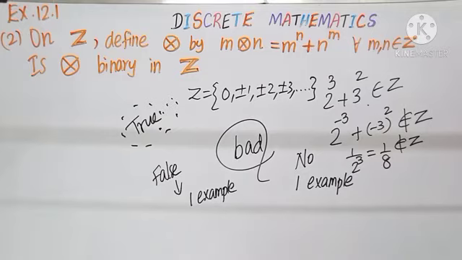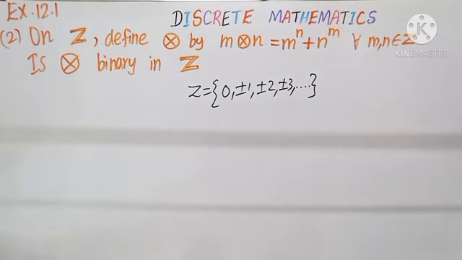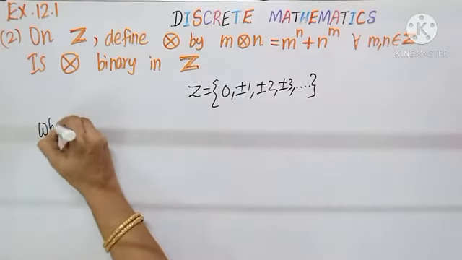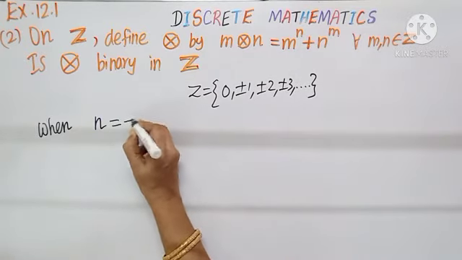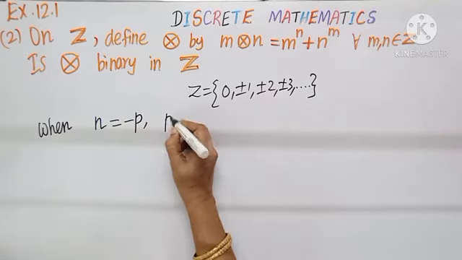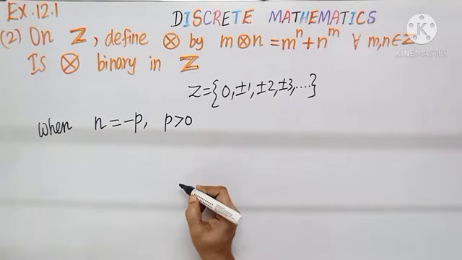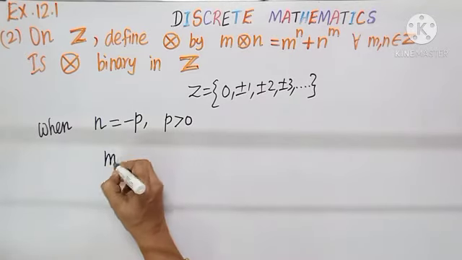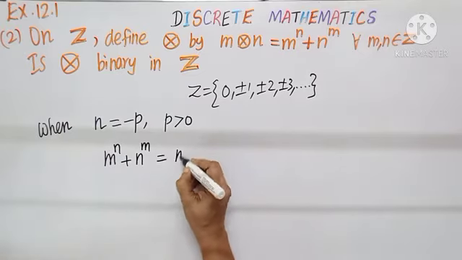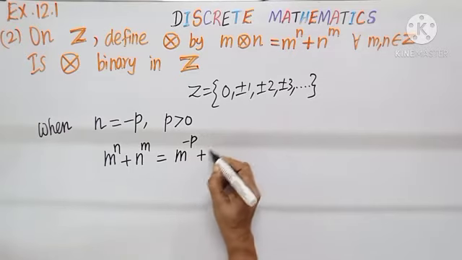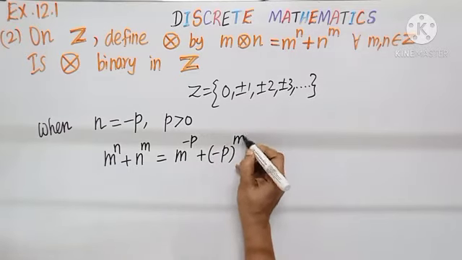Now, let us put it in proper words. When the power n is equal to minus p, where p is a positive number, m power n plus n power m will become m power minus p plus minus p power m.